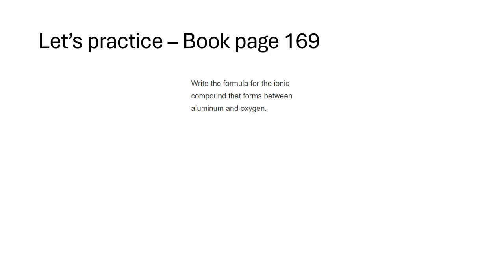So here, when writing the formula for ionic bonds, I sort of just jumped into practice questions, because I think it's a good way to learn it. Aluminum we know is in group 13.